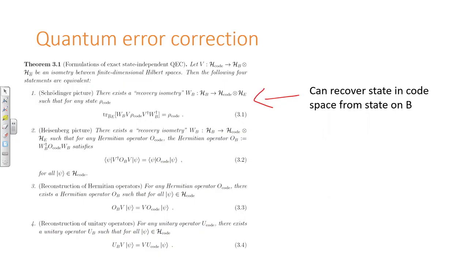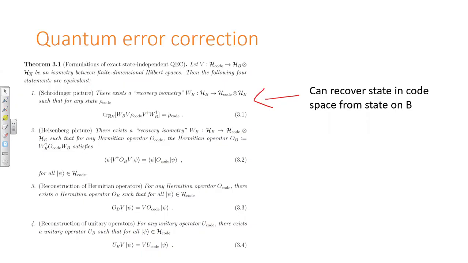So we have an isometry V from a code space to a tensor product of HB and HB bar, such that there exists some other isometry that I call W, starting with our state in the code space, applying the isometry V, and then applying our isometry W that just maps from big B. We lost access to big B bar, but just by looking at big B, we can get back the original state on the code subspace.